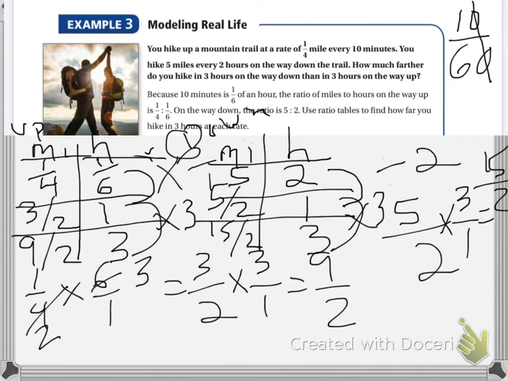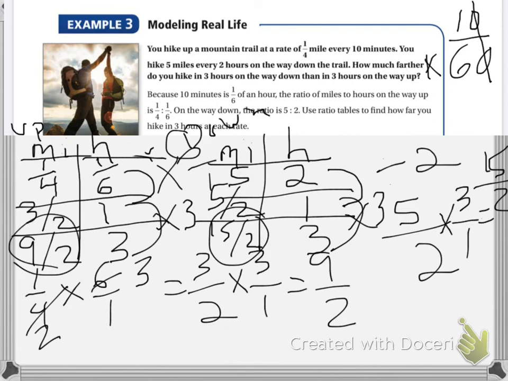All right, so now if I go back to that question, it says, how much farther do you hike in 3 hours on the way down than in 3 hours on the way up? All right, so I need to find the difference between this 15 halves and this 9 halves.